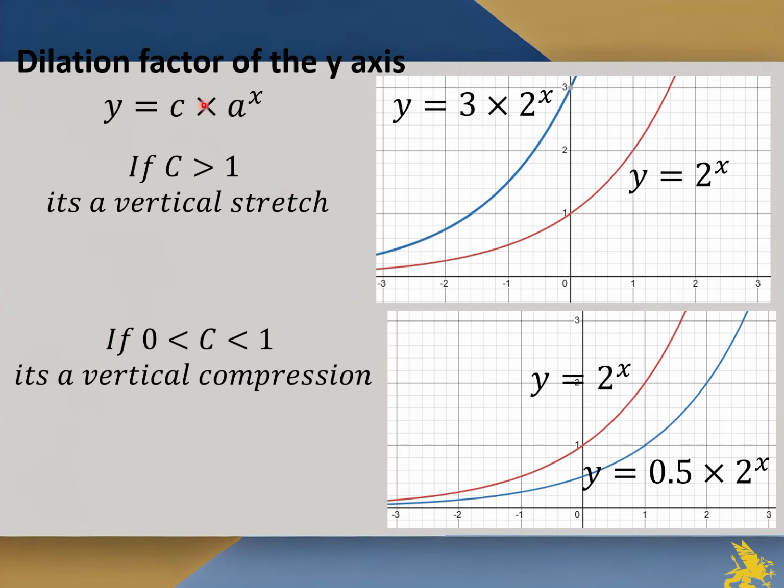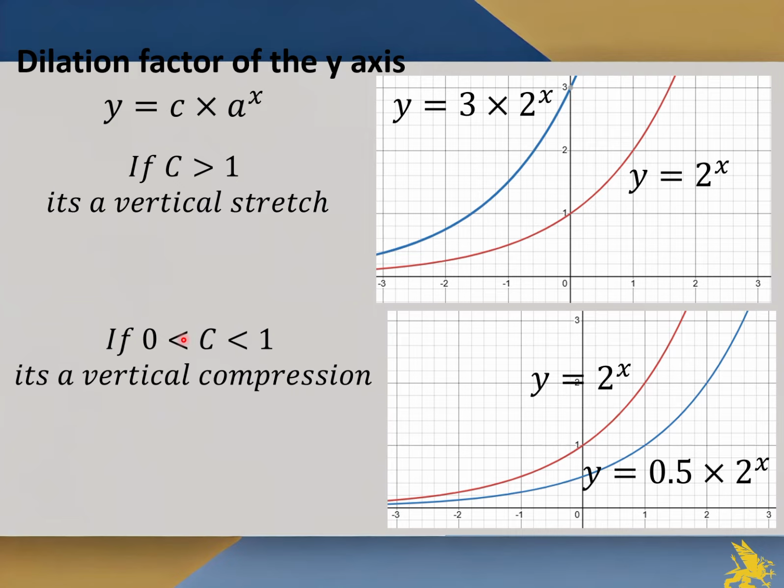Because a to the power of x is my y, and then I'm timesing it by the c value. So if I had it as 1, if I times it by 2, it will be 1 times 2 is 2. If I times it by 3, which I've got here, 1 times 3 is 3. So I'm pushing away from that x-axis.